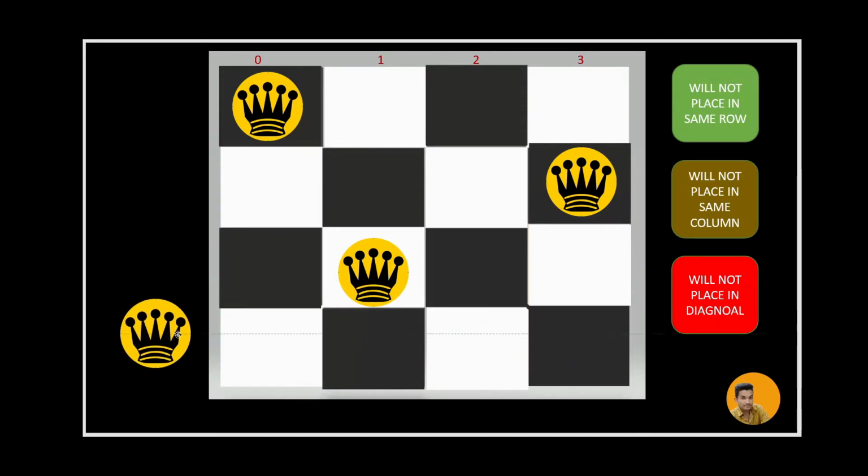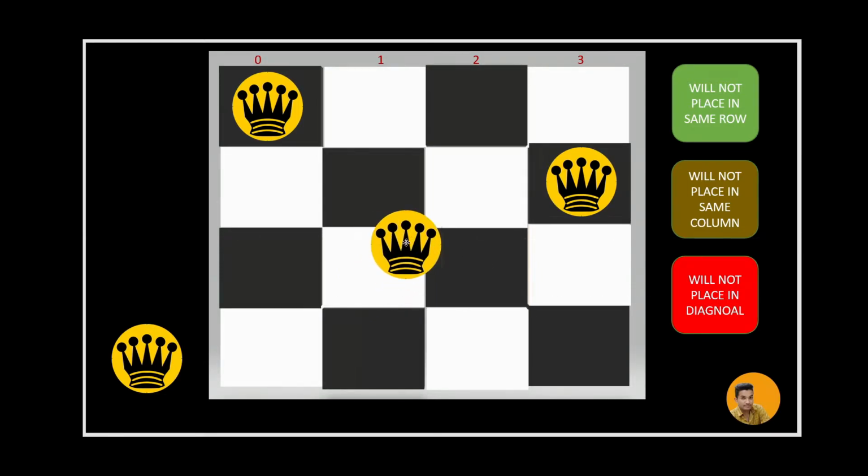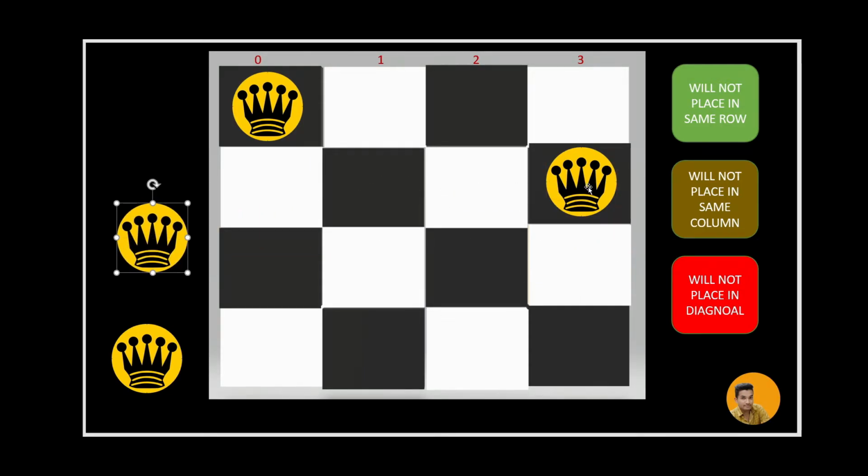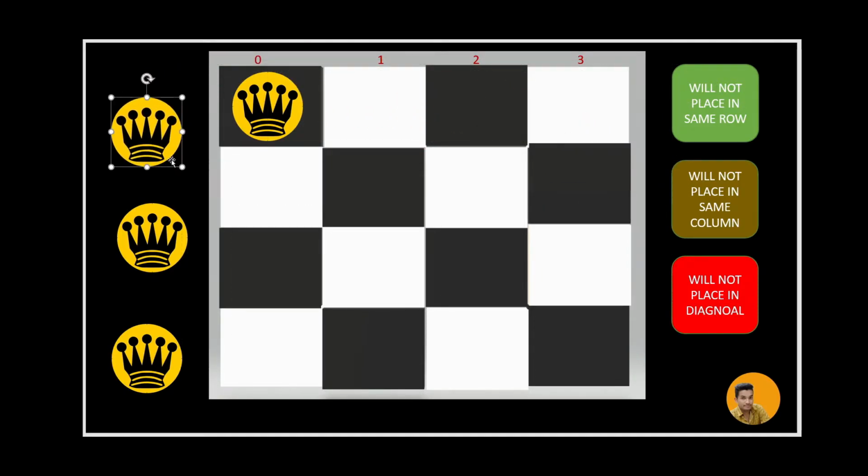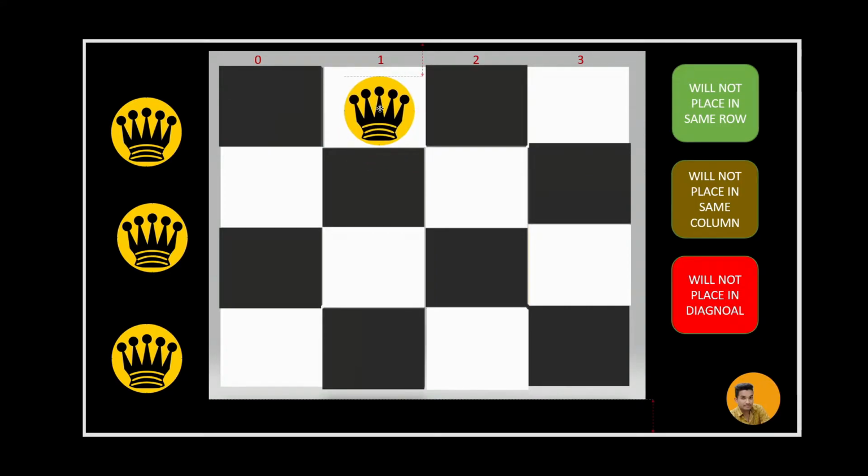So take this out, go back, and reconsider your solution for the previous queen. Can I keep this here? No. Can I keep this here? No. Again, take this out because you have reached the end, and reconsider the previous solution. Okay, can I move? No. So take this out, go back and reconsider your solution. Okay, so we'll keep this here.